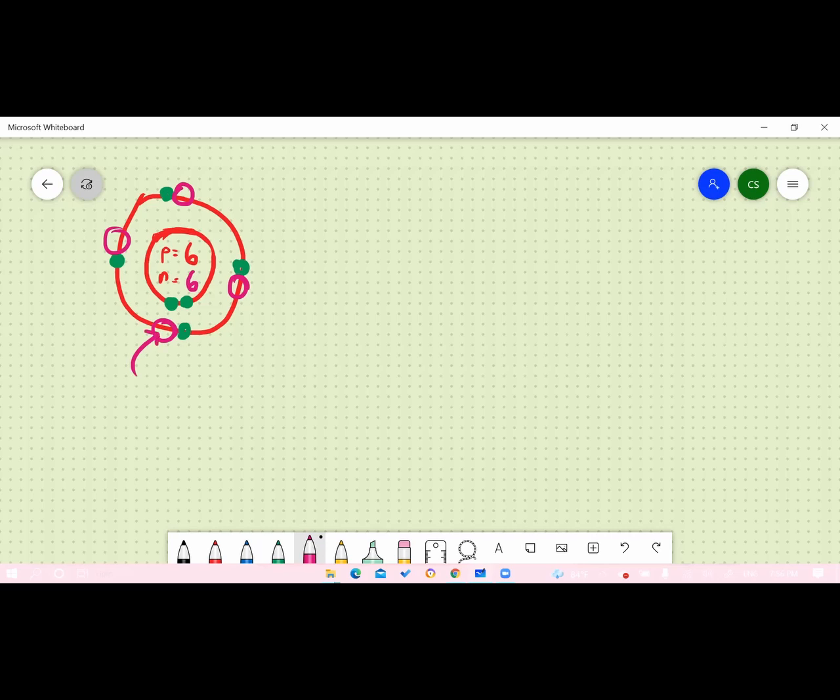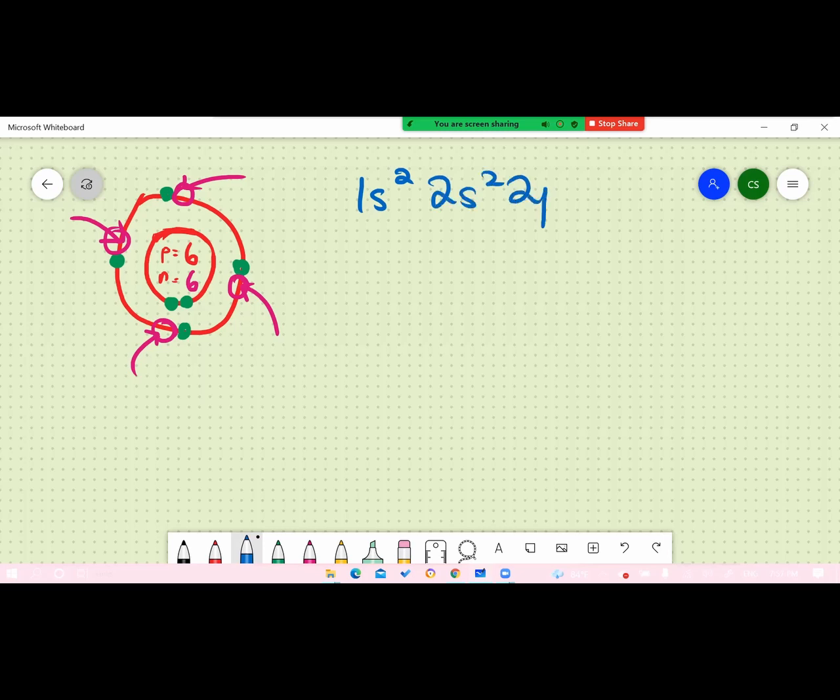So an atom would bond there, another atom would bond there, another atom would bond there. But let's look at the arrow and box method for the carbon atom. So you have 1s2, 2s2, 2p what?